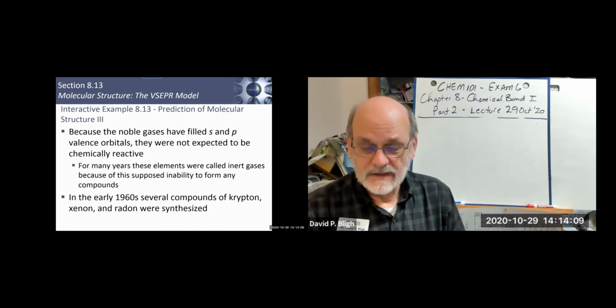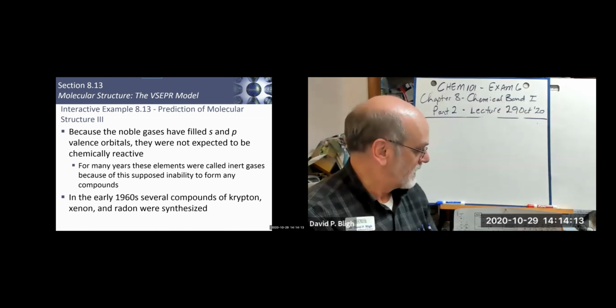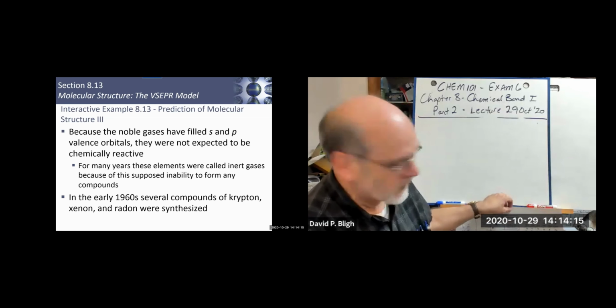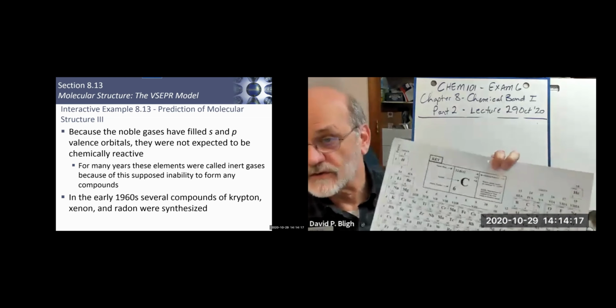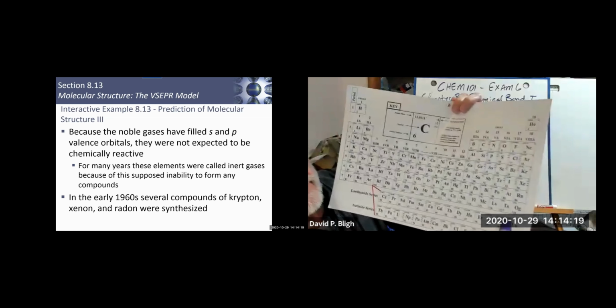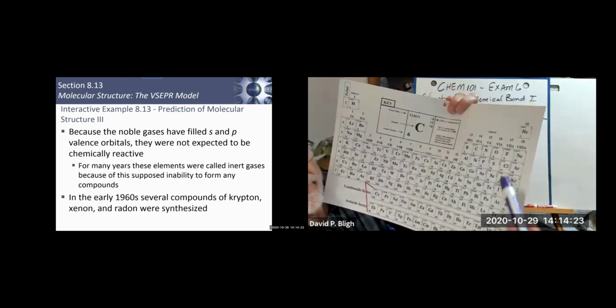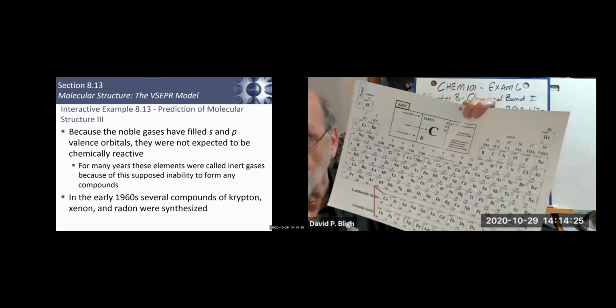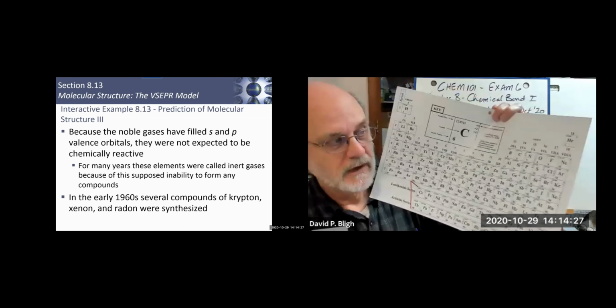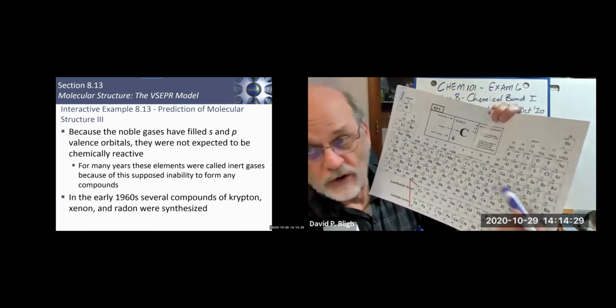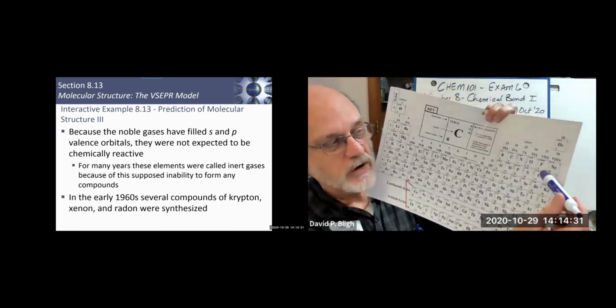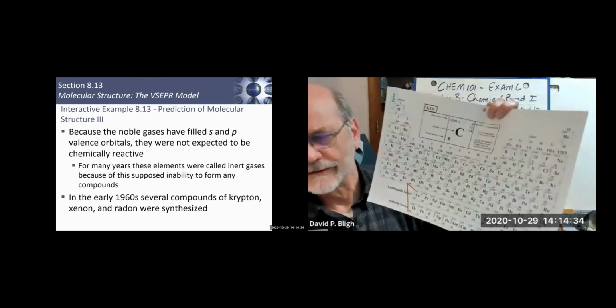And they did. They formed compounds with krypton, xenon, and radon. And notice where those noble gases come from. Krypton is way down here. Xenon, radon. The bigger ones are the ones that tend to form compounds. It's more difficult and virtually impossible to form a compound with argon, neon, and certainly not helium.